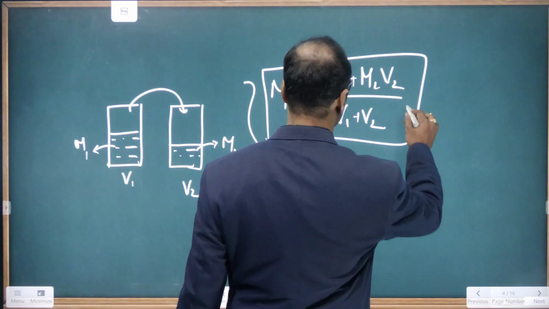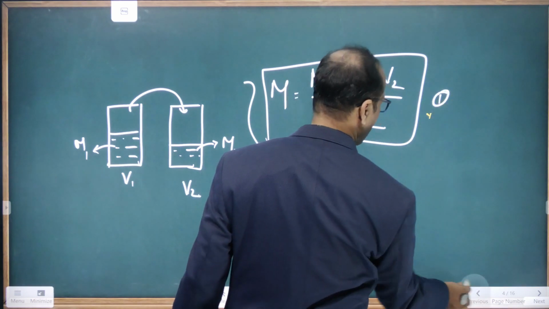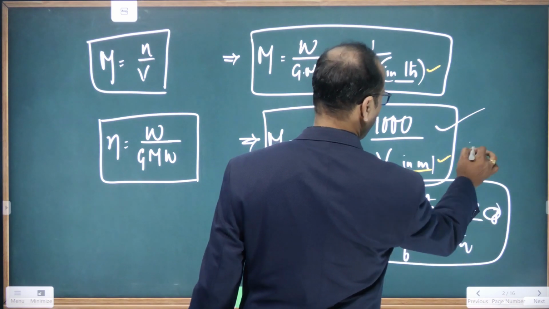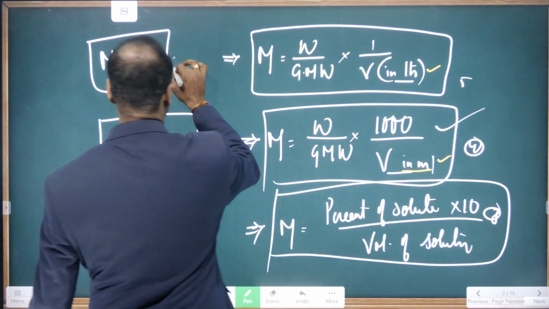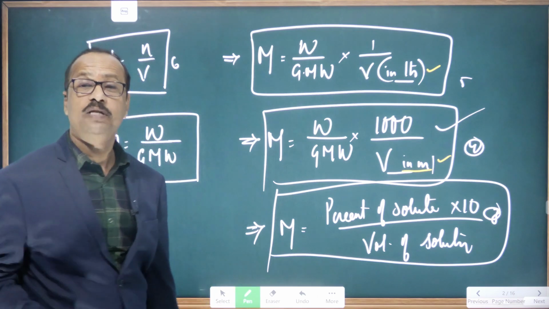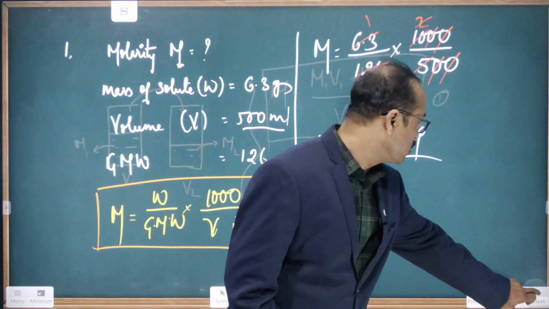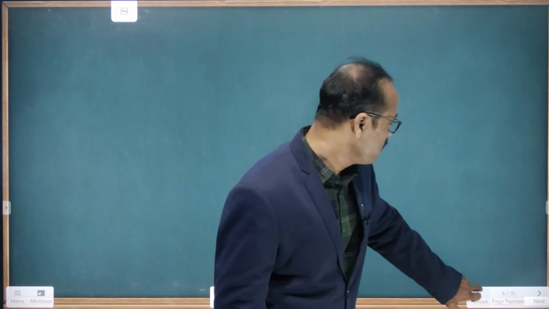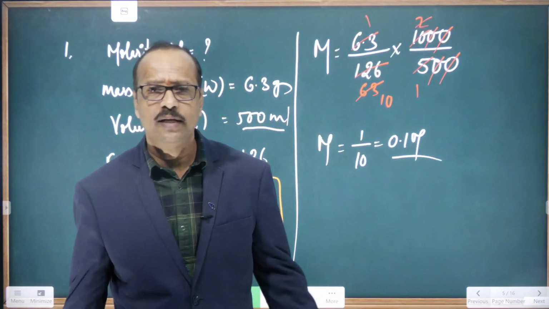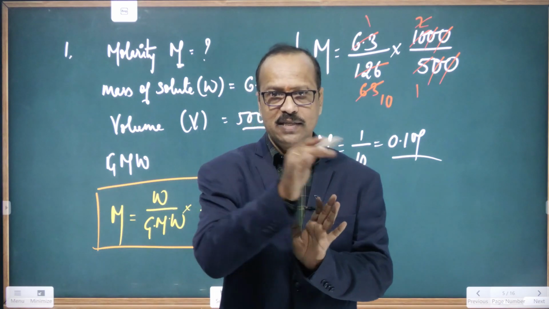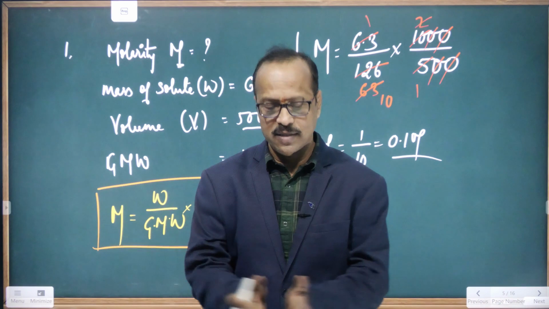How many formulas are there? 6 formulas are there. Of these 6 formulas, which formula is suitable to solve this problem? That is most important, to select the formula suitable for us. Then, once you know the formula, just write the formula, substitute, cancel, and you get the answer, right?